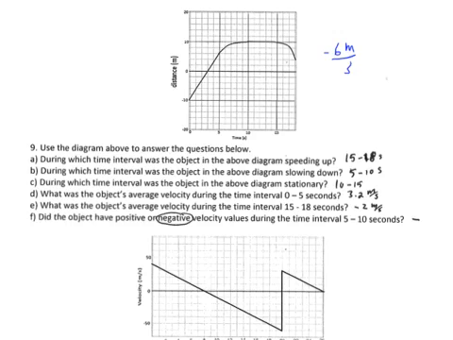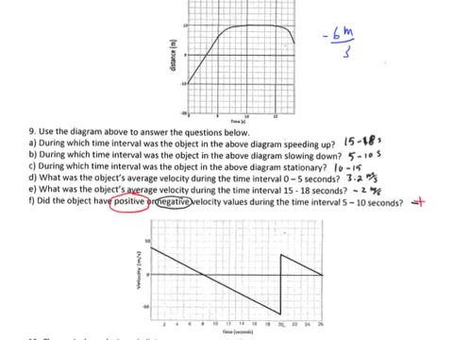Oh, darn, I put the wrong answer here. It had a negative acceleration here, but it had a positive velocity. So actually the answer is positive. It is definitely moving in the positive direction between these 2 points. I am so sorry that I made that mistake.